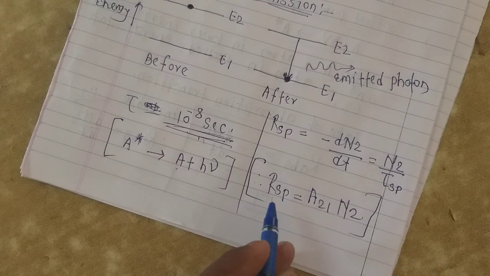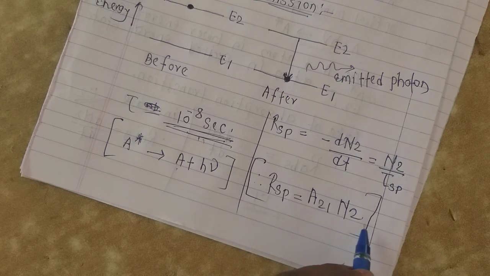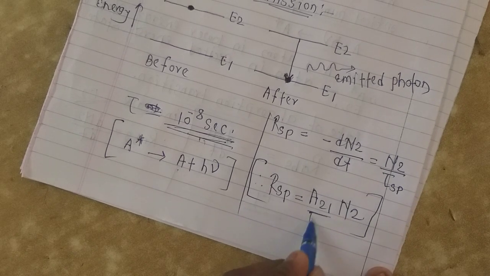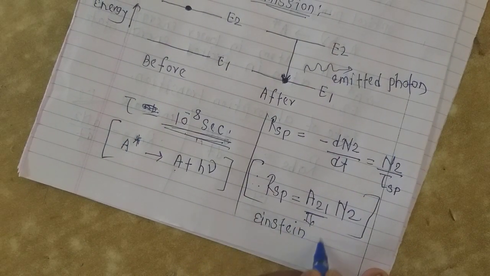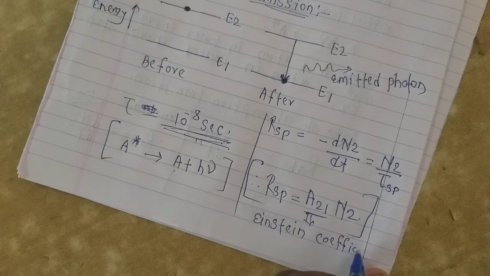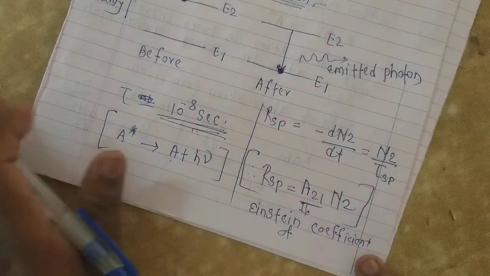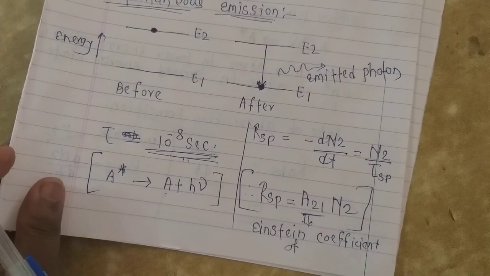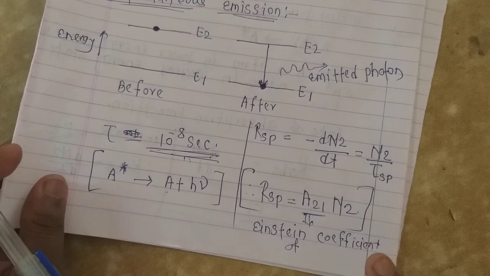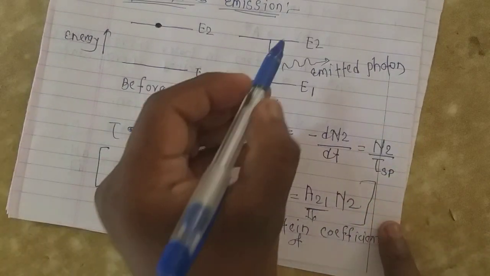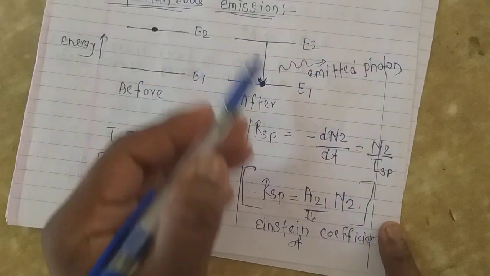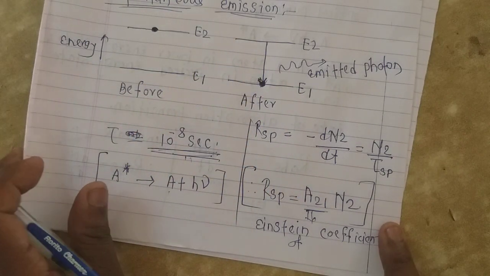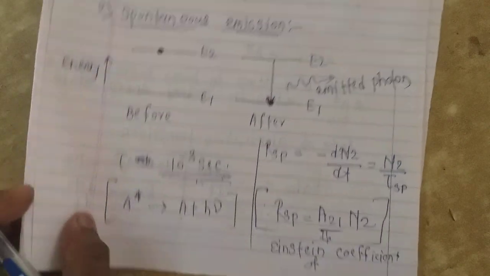A21 is the Einstein coefficient of spontaneous emission, and N2 is the number of atoms per unit volume in energy level E2, and A21 is for the transition from level 2 to 1. This is the spontaneous emission.